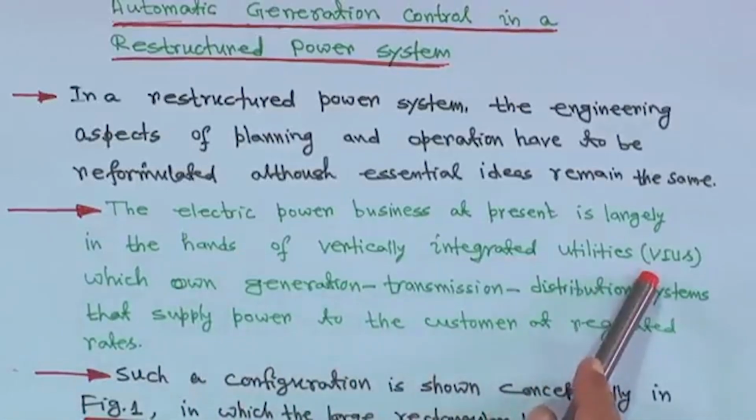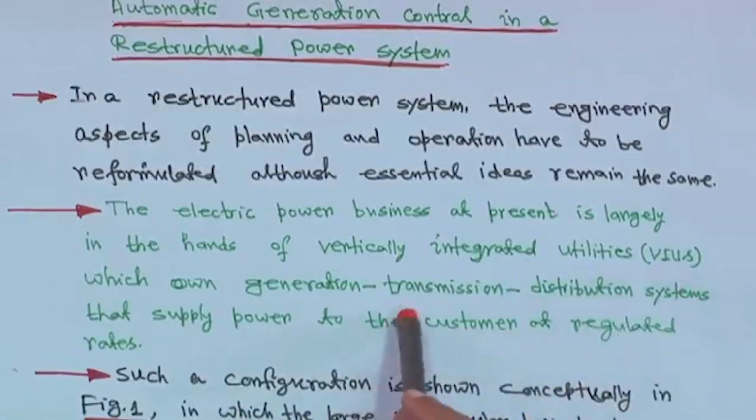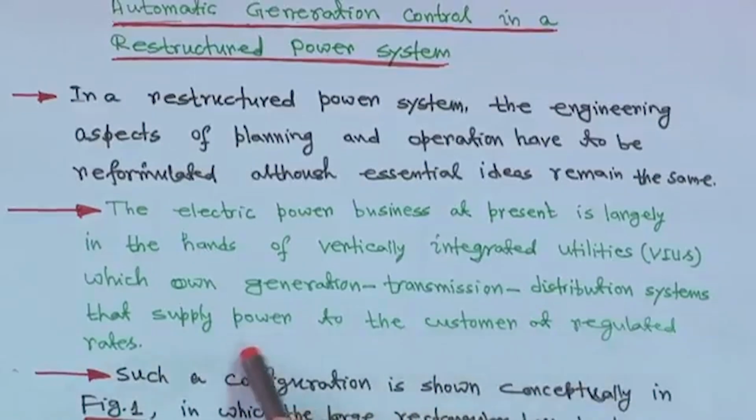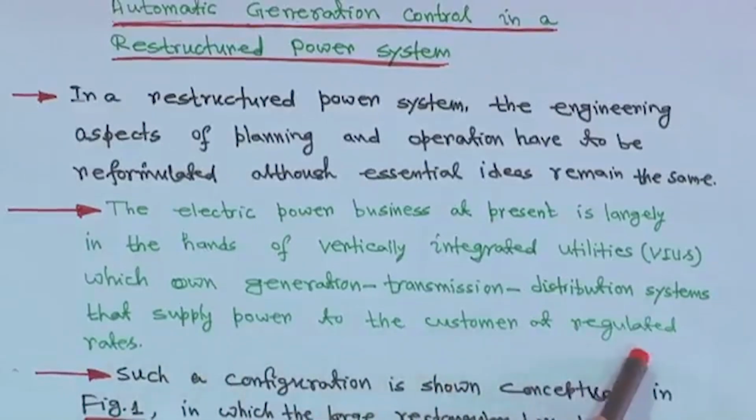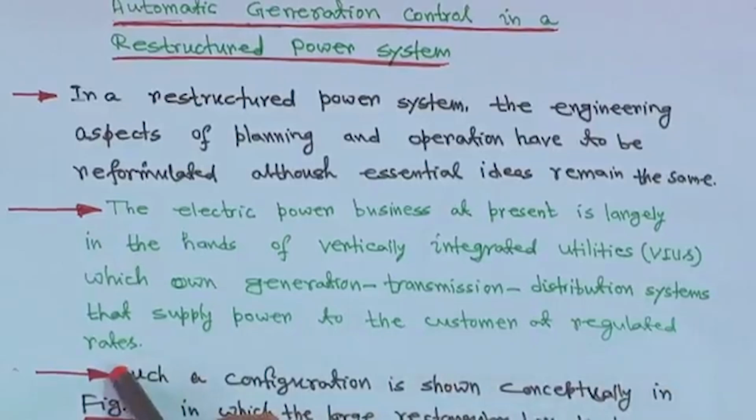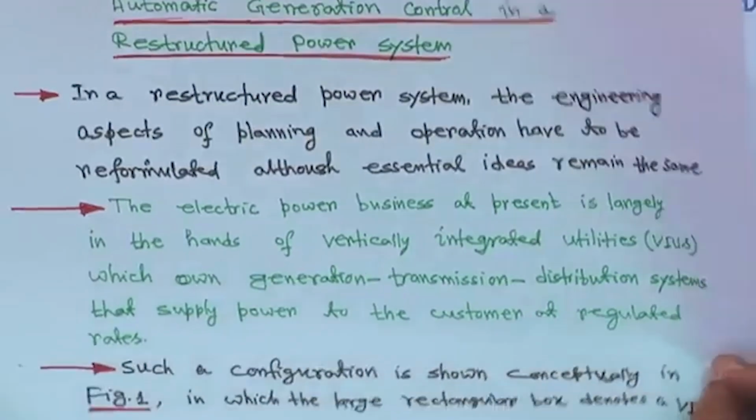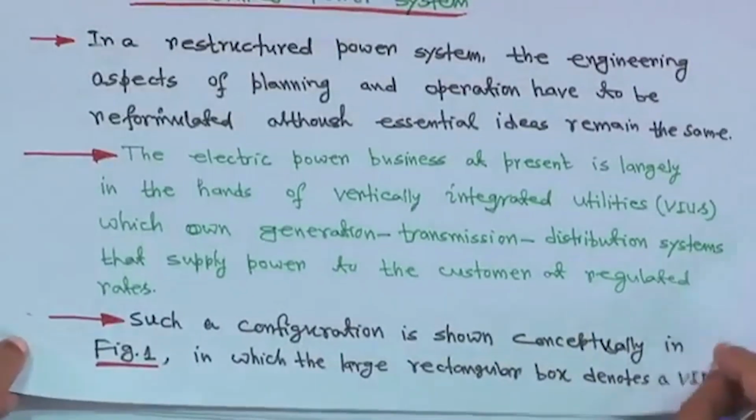Vertically integrated utilities means you have generation, transmission and distribution all together. You are the owner of everything. They own generation, transmission and distribution and supply power to the customer at regulated rates. Such a configuration is shown conceptually in figure 1.